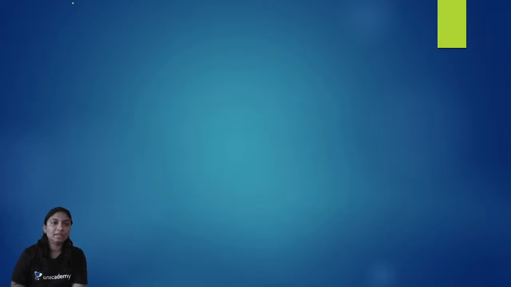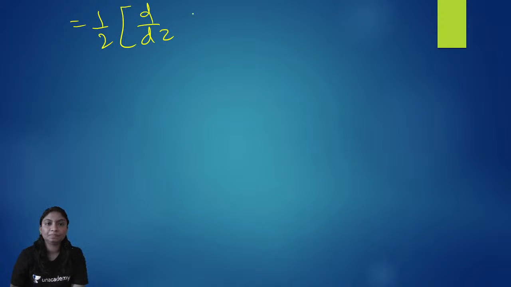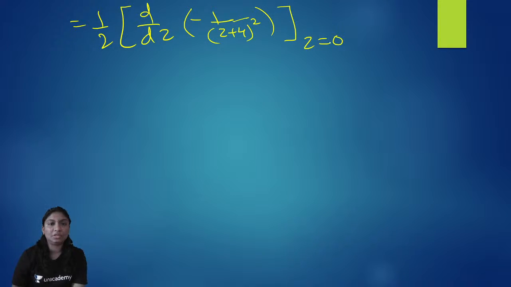The derivative of 1 upon z plus 4 is minus 1 upon z plus 4 bracket square into the derivative of z plus 4.